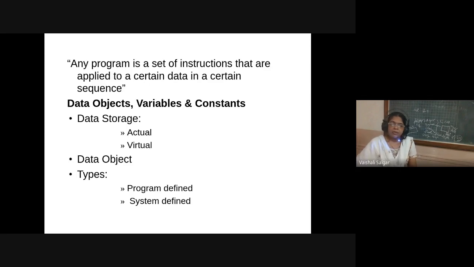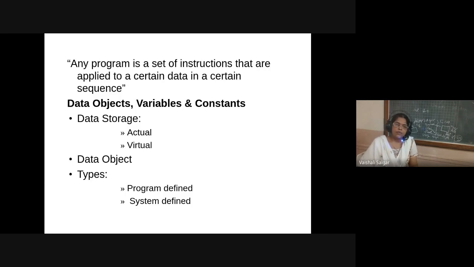So whenever we are using any data object or variable, the data storage will be allocated. There are two types of storage allocated, that is the actual and the virtual.